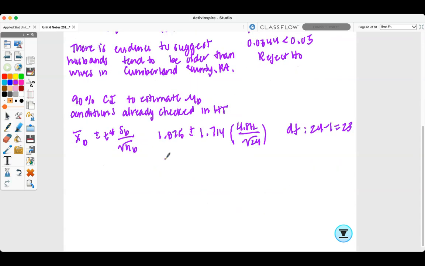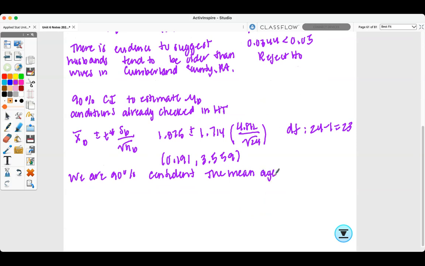Our confidence interval ended up being 0.191 to 3.559. So we are 90% confident the mean age difference is between 0.191 and 3.559 years.